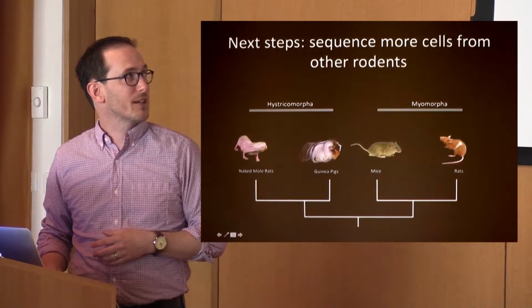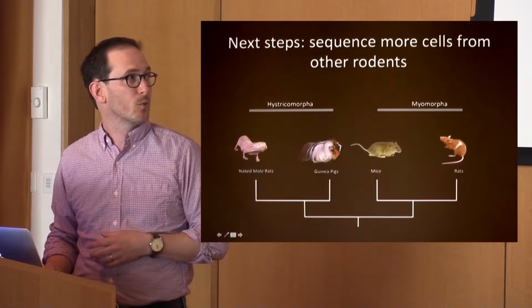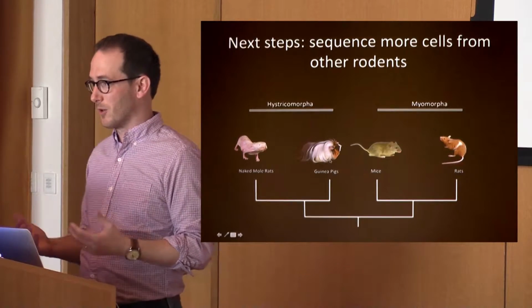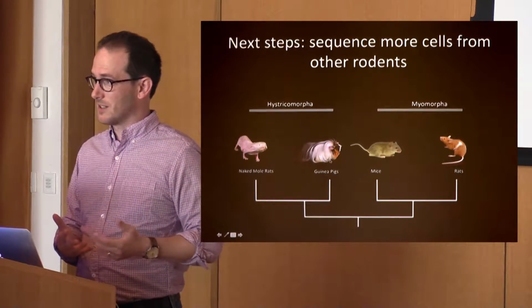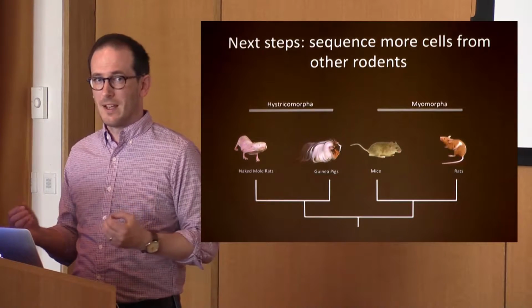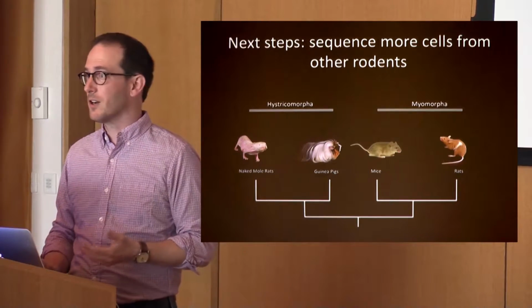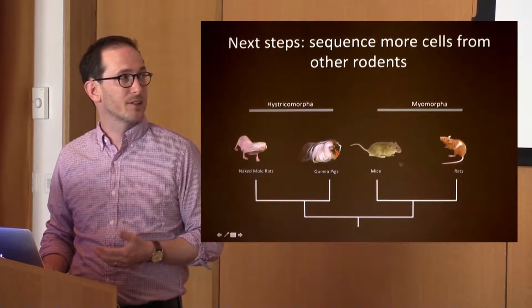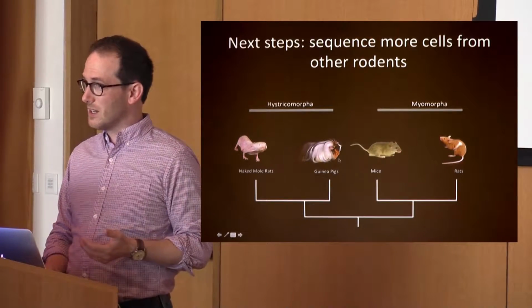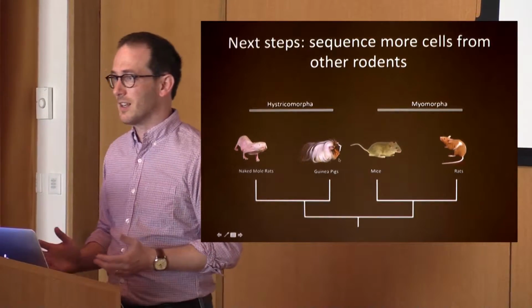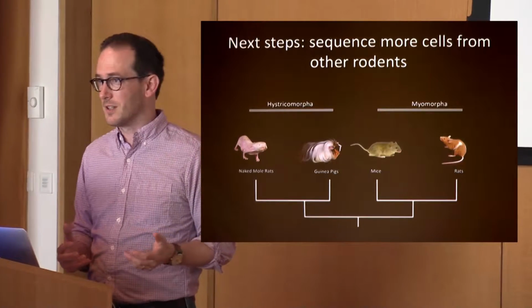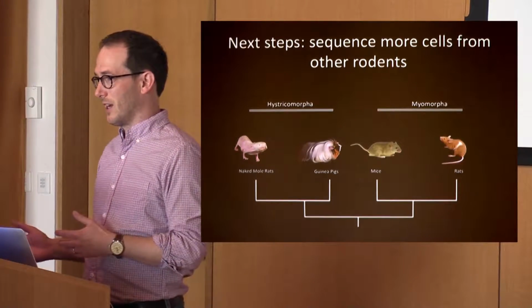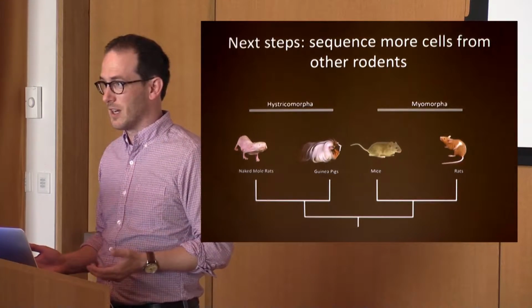And we'd also like to extend it to other types of rodents. So we're in the process of writing up a protocol to do this in guinea pigs, so we can see, if neurons are highly variable as a population in mice and rats, we would expect to see that in guinea pigs. And this is, I think, an exciting thing, particularly within mammals, because mammals have such a wide range of different behavioral phenotypes.